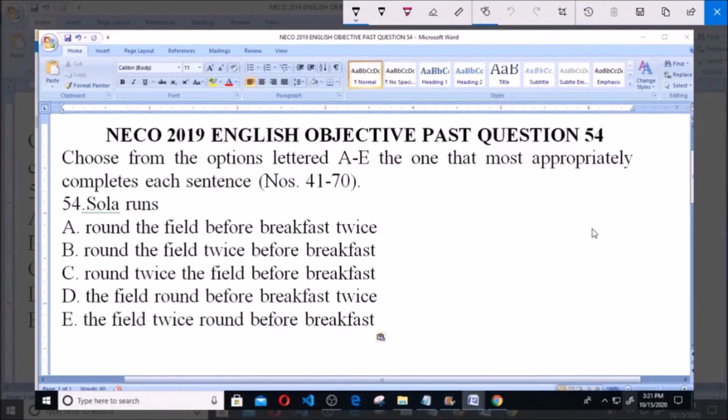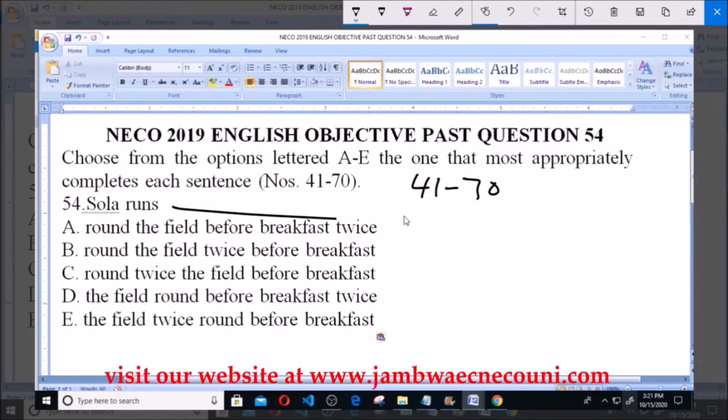Good afternoon, welcome. This is NECO year 2018 English objective past question number 54. The instruction says: choose from the options lettered A to E the one that most appropriately completes each sentence, and this instruction is to answer questions 41 to 70. The statement here says: Shola runs dash.